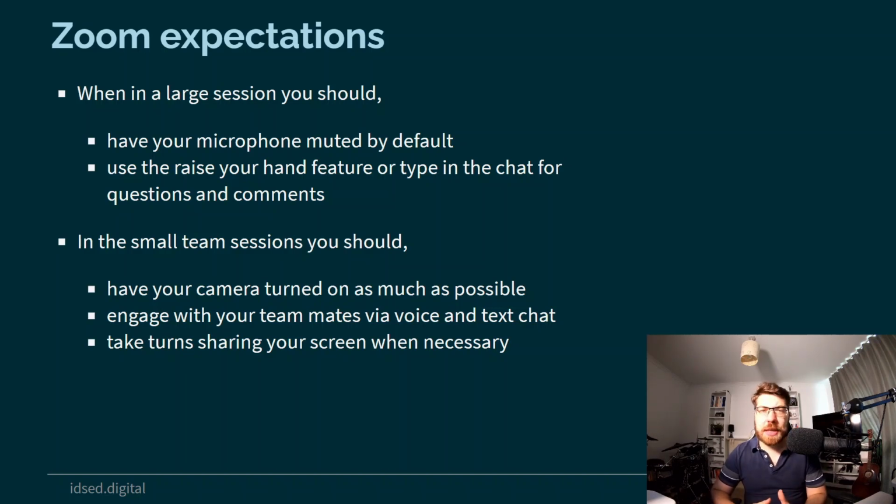In the small teams, so in workshops in your breakout rooms, our expectation is that you have your camera switched on and that you are communicating mostly via voice. The reason is that you will be working in teams, and it's very difficult to work in a team when the cameras are off and the microphones are muted, because we get a lot of cues visually from each other, especially when we're talking.